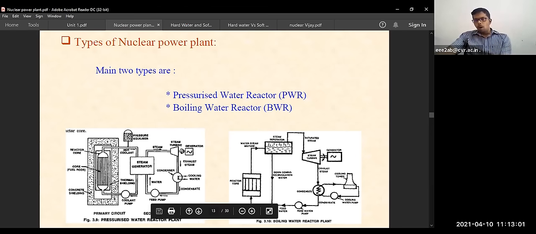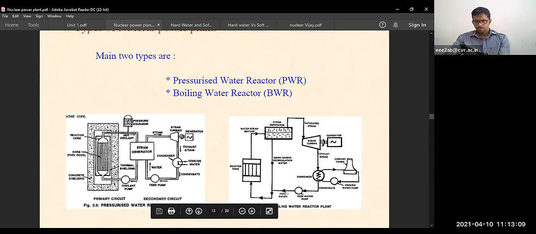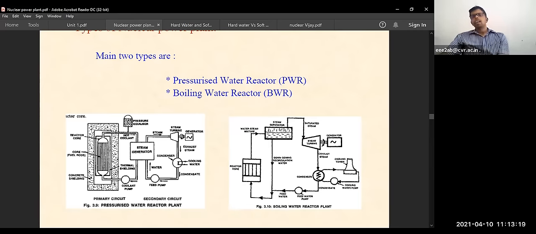If you see the boiling water reactor, what we are doing is giving the water directly to the reactor itself. After that, the water flows to the steam separator. There we separate the steam and give that steam to the steam turbine.